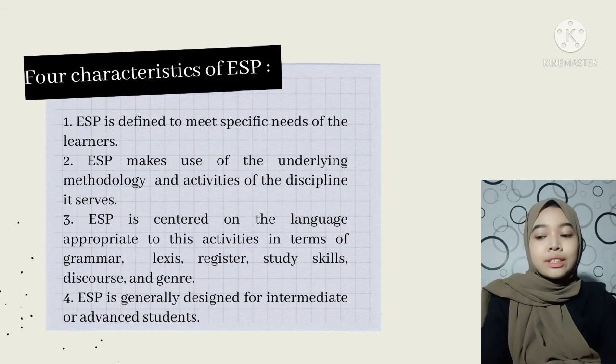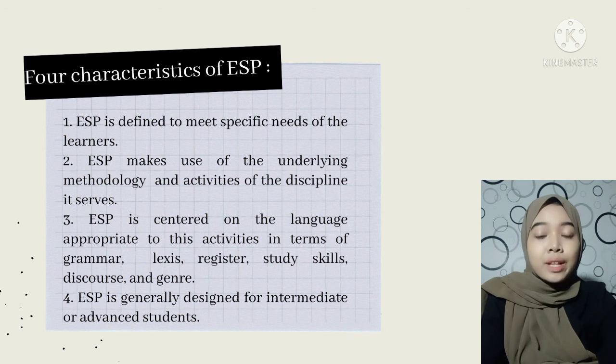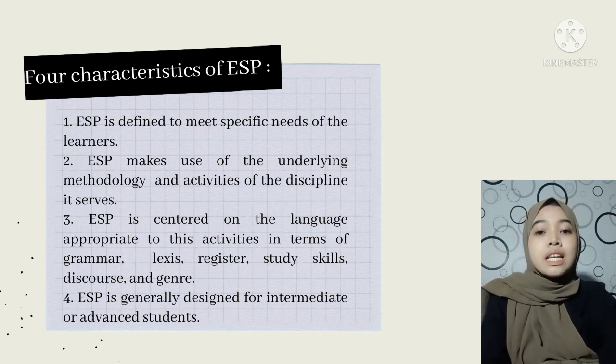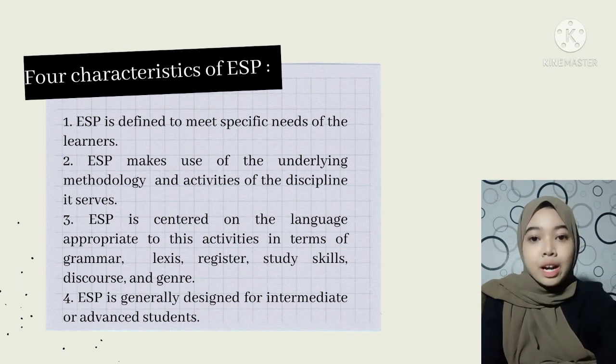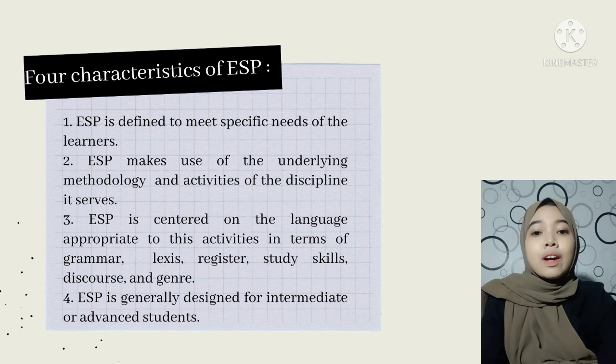The second characteristic is ESP makes use of the underlying methodology and activities of the discipline itself. The third characteristic is ESP is centered on the language appropriate to these activities in terms of grammar, lexis, register, study skills, discourse, and genres.